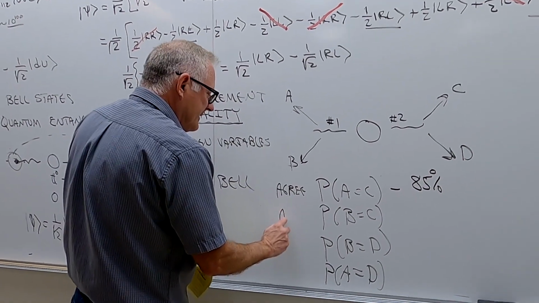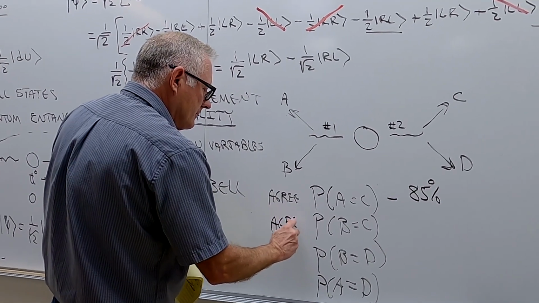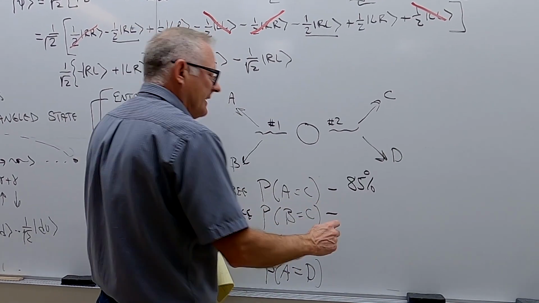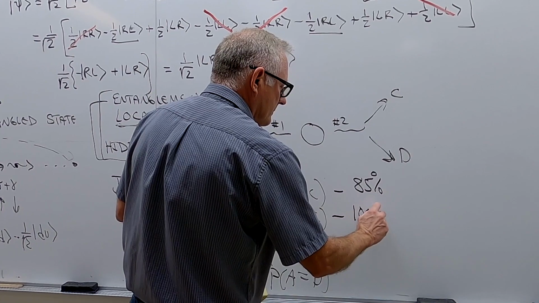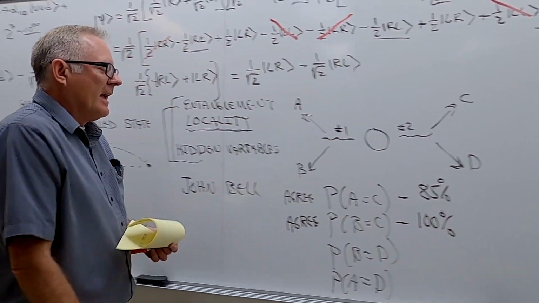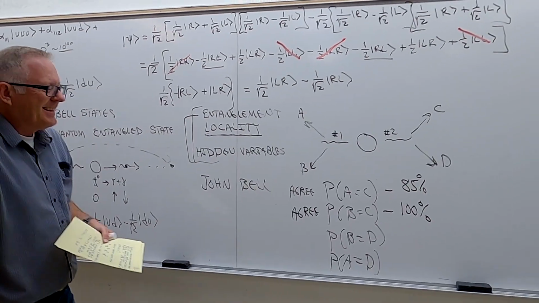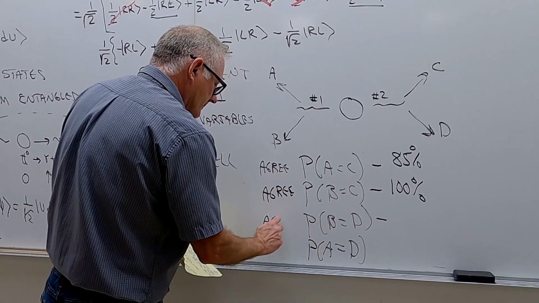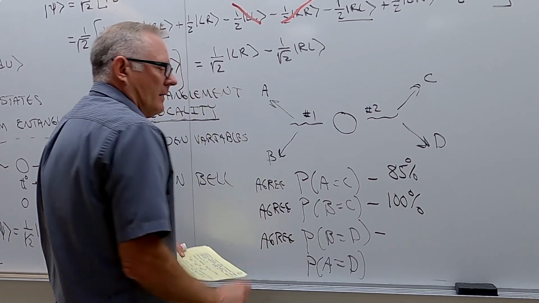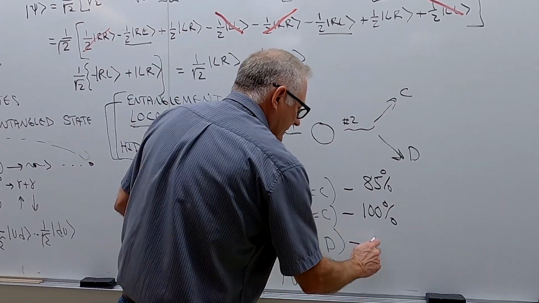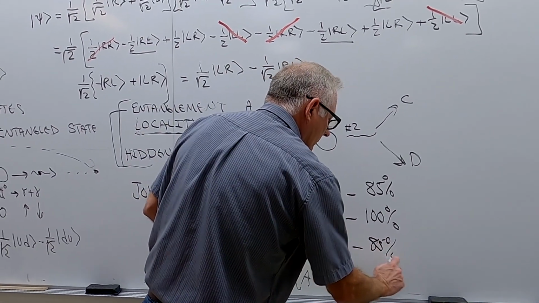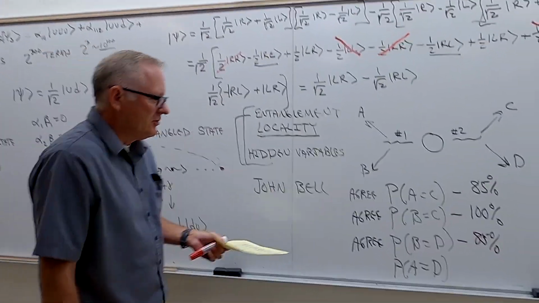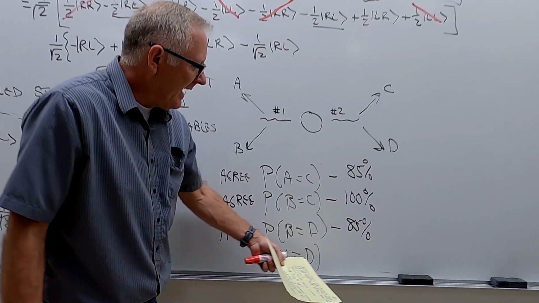And B and C, let's say they agree all the time, 100% of the time. And let's say that B and D agree 85% of the time. And then we could ask, how much does A agree with D?